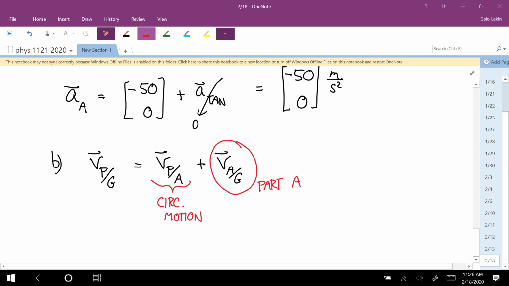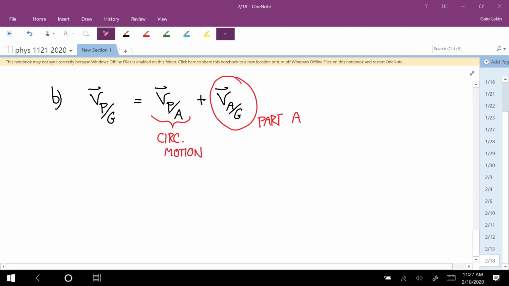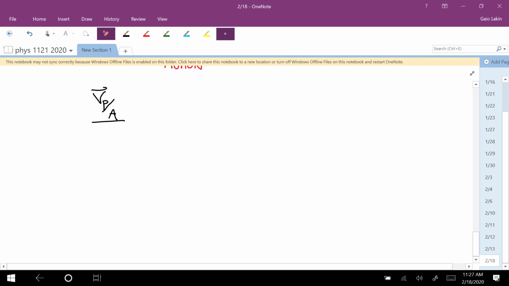Okay, so now let's imagine that that point A isn't moving and figure out what the velocity and acceleration of P are relative to that point A. For a second, we're going to assume that it's fixed. So for the velocity of P relative to A, we can think of this as a circular motion again.